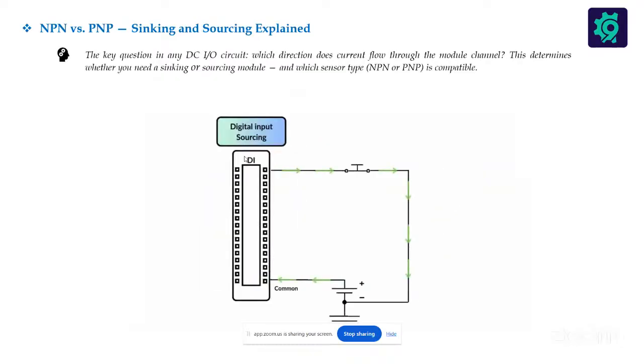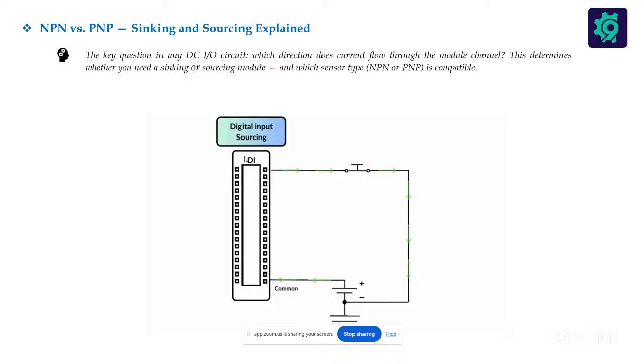Here is an example: what is supplied to the PLC common is positive. The positive enters the PLC, comes out to meet the switch, and then comes back to close the circuit at the negative end of the power supply. That is how sourcing works.